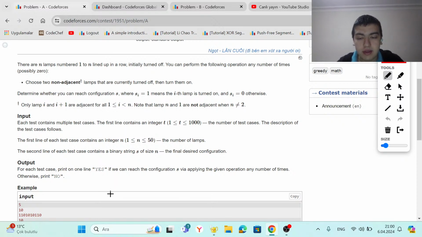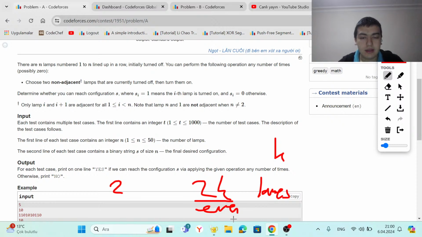So in each operation we are turning on exactly two lamps. So if we make k operations, we will turn on exactly 2k lamps. So this number will always be even, and therefore, if there is an odd number of ones, we can be sure that we cannot reach the configuration. So we can output no directly.